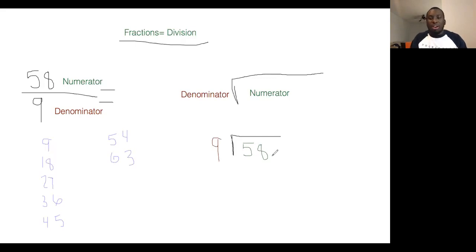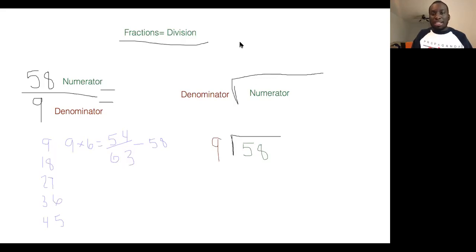So my number that I'm trying to get the closest to is 58. 58 is right here. So which number gets me the closest? 54. 9 times what equals 54? Let's see. 1, 2, 3, 4, 5, 6. 9 times 6 equals 54.